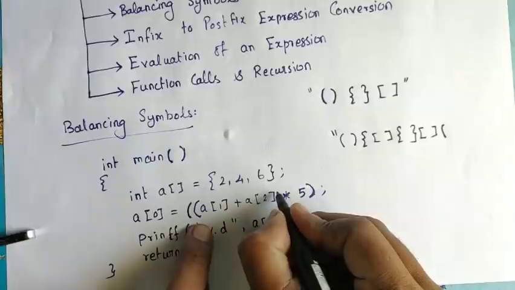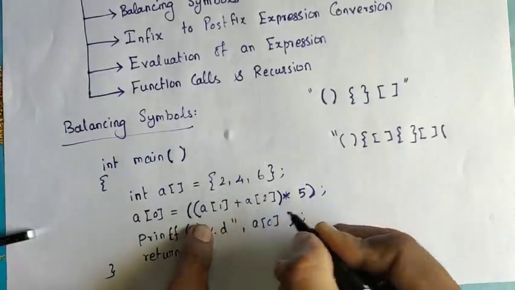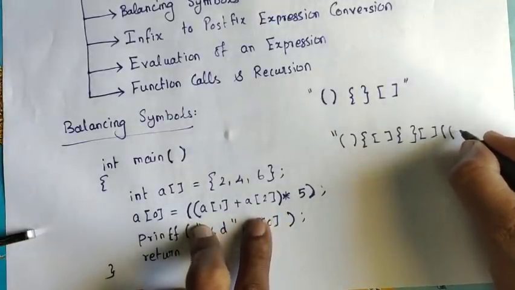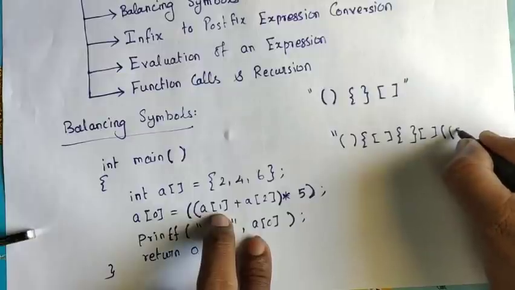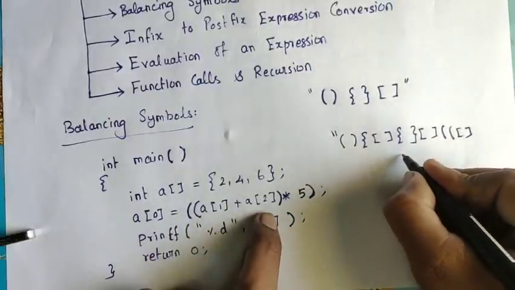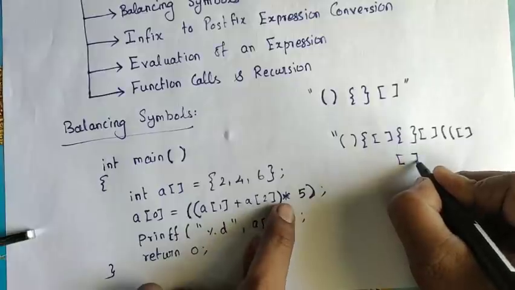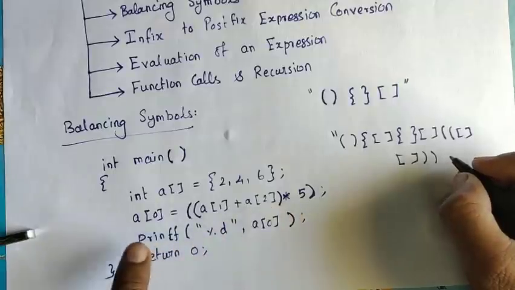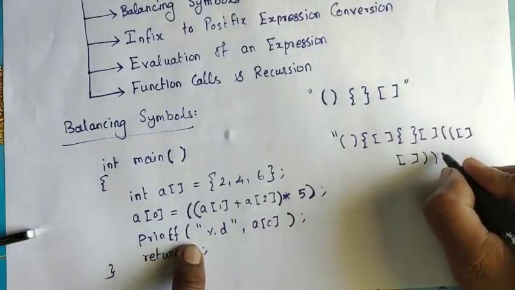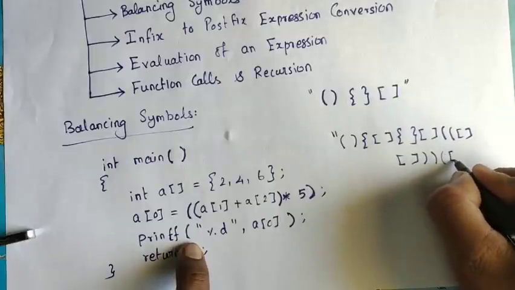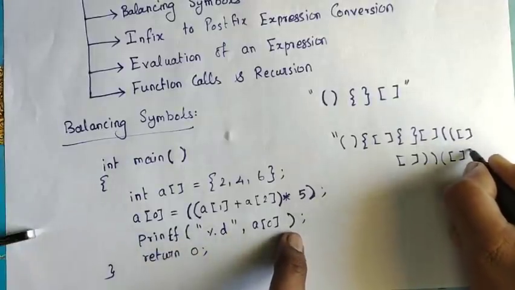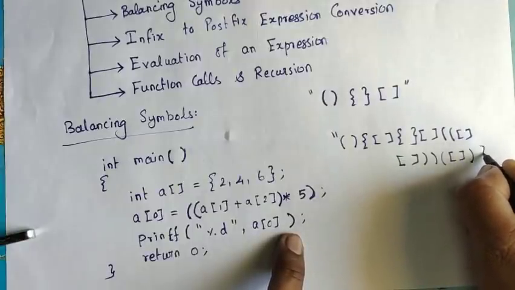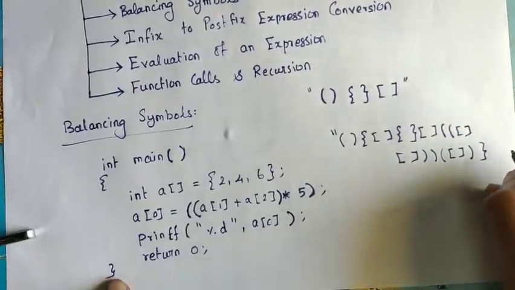This has to be completed here, two brackets, and then after those two brackets, this open, close, again open, close, and then two parentheses, and then for the printf one parenthesis, inside that for the array one bracket, and then close parenthesis, and then one close brace, this is for this one.